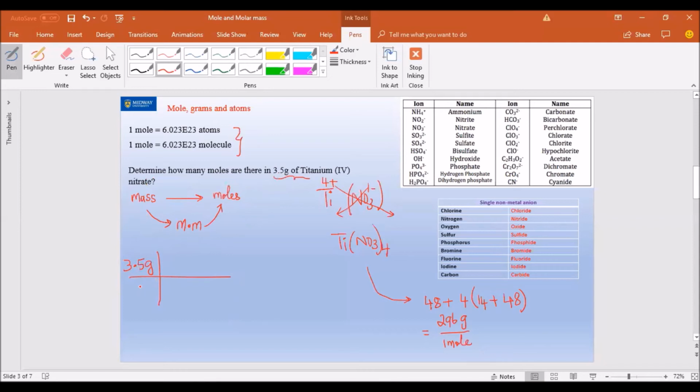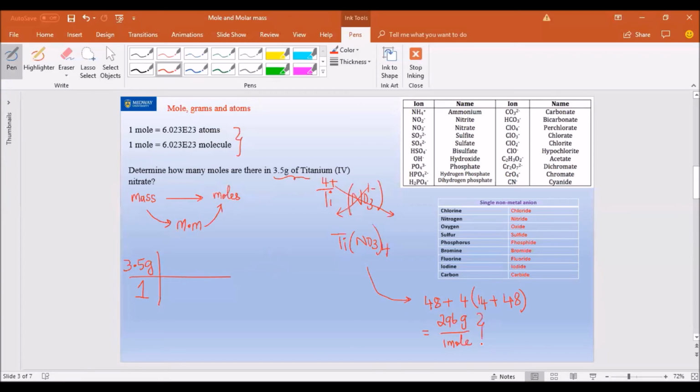There usually will be nothing, and the bottom you can just put 1. Now this is grams, right? And our job is to have moles, and the way we're going to go from grams, which is mass, to moles is through molar mass.